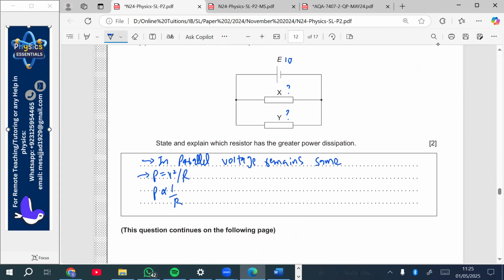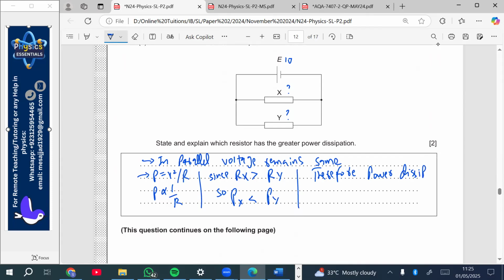So now, since Rx is greater than Ry, power dissipation in X is less than power dissipation in Y. Therefore, power dissipation is more in resistor Y. I hope you understand that.